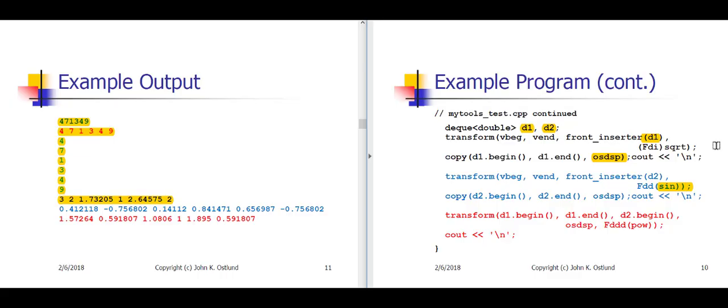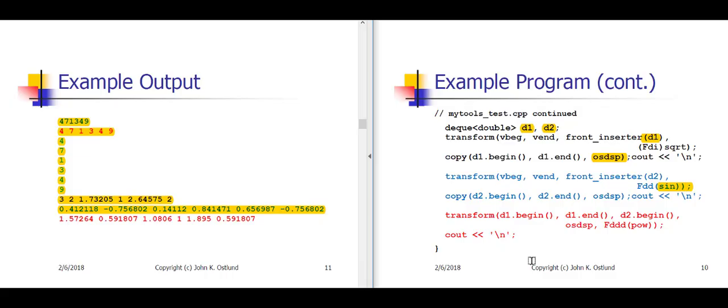Again, we're using front inserter, but this time to insert the values into D2. And so what I have for this blue line of output is the sines of all of the values in the vector V, but again in the reverse order because of using the front inserter.